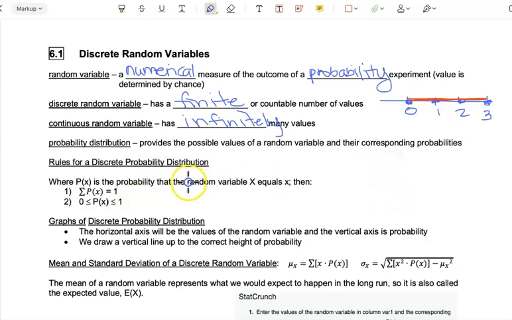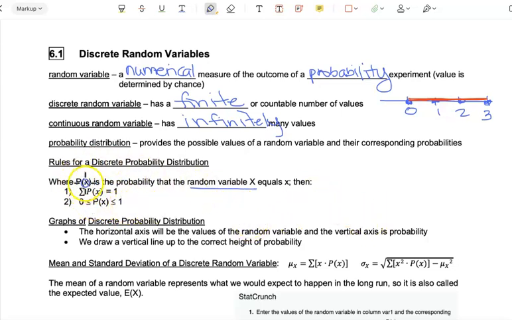In order to be a discrete probability distribution, in addition to being a random variable, meaning it has to be numerical and from a probability experiment, the sum of all the probabilities has to equal 1, which we've talked about before, because 1 means 100%, so that should cover all the outcomes. And then each individual probability needs to be between 0 and 1.